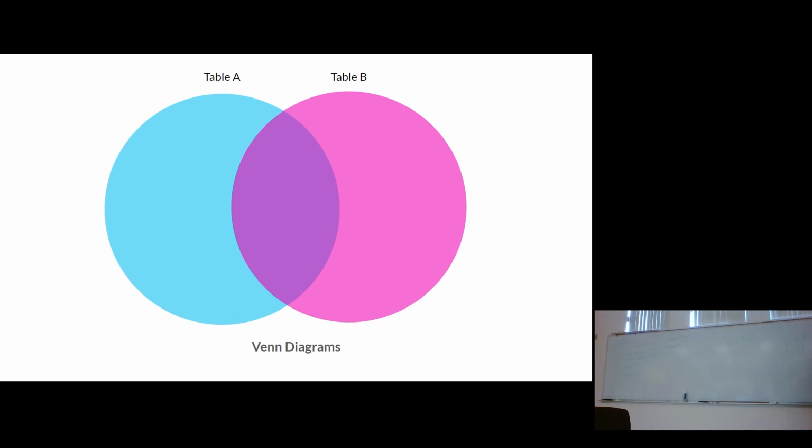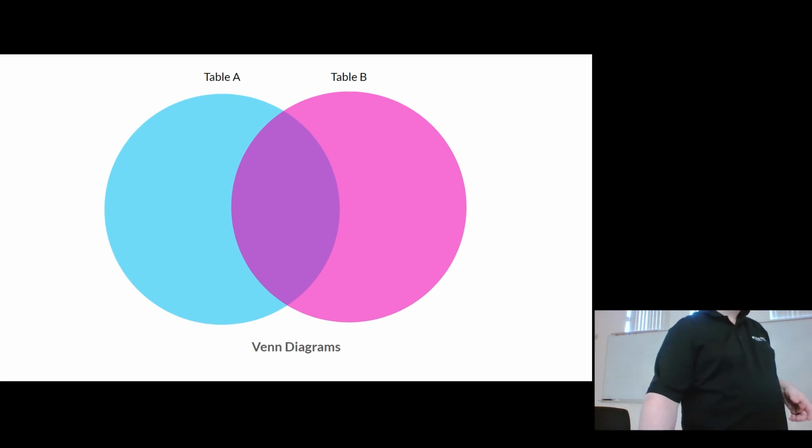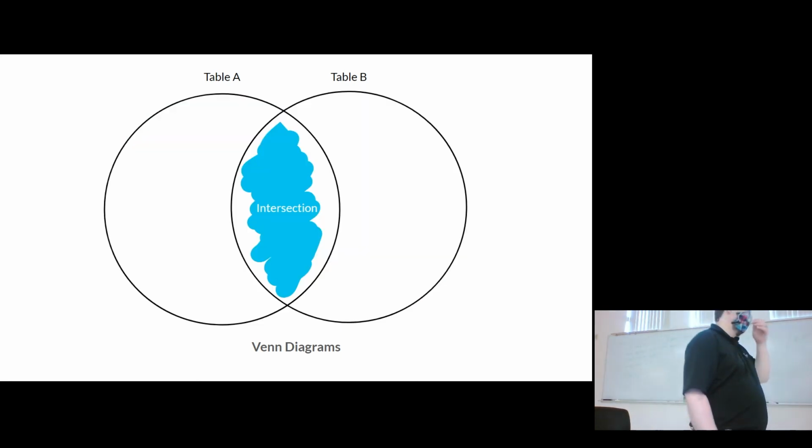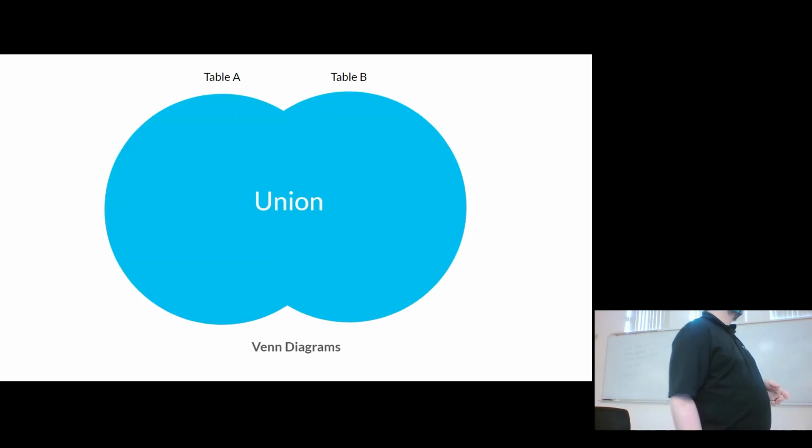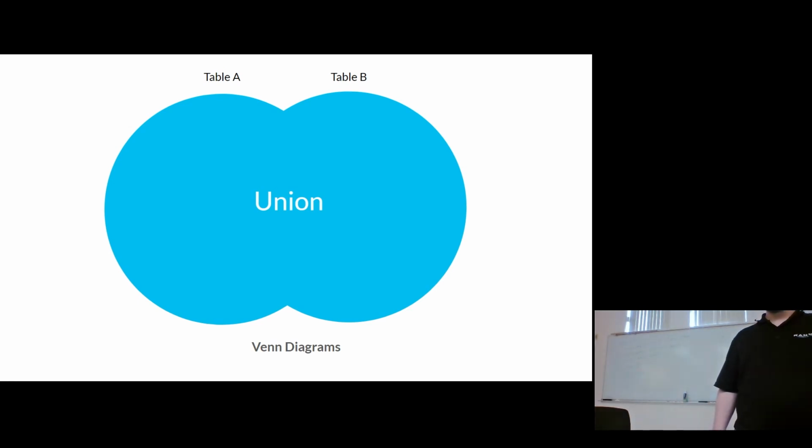So you got table A here, which is this set. Table B is the other set. This area in the middle is referred to as the intersection, the place where they overlap. So you can use that to kind of think about this. The whole area is referred to as the union, okay? So you got the intersection, which is the area in between.